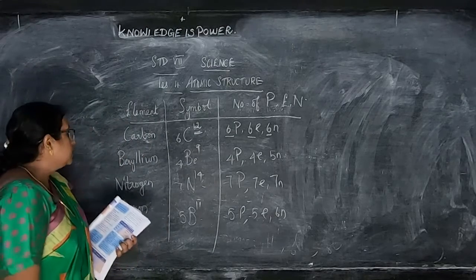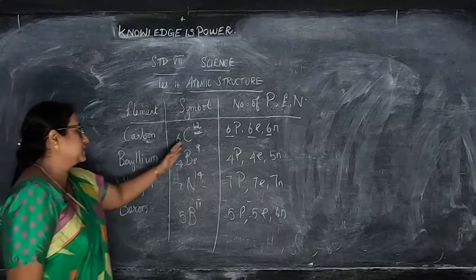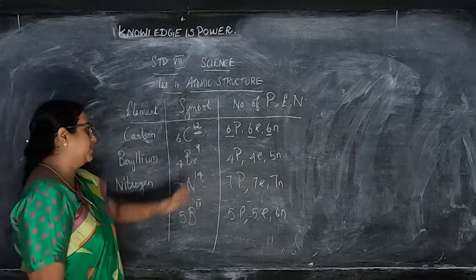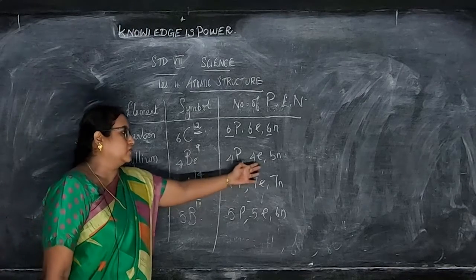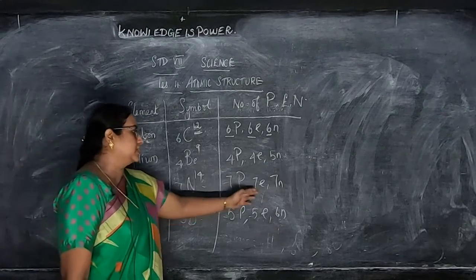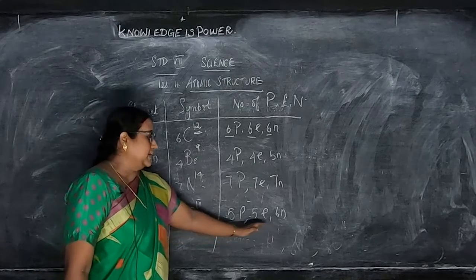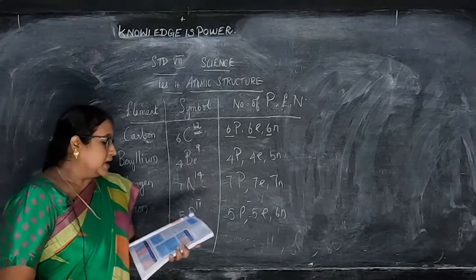Okay, children. So carbon is 6C12, that is 6 protons, 6 electrons and 6 neutrons. Beryllium 4Be9 has 4 protons, 4 electrons and 5 neutrons. Nitrogen 7N14 has 7 protons, 7 electrons, 7 neutrons. Boron has 5 protons, 5 electrons and 6 neutrons. These are the symbols of elements.